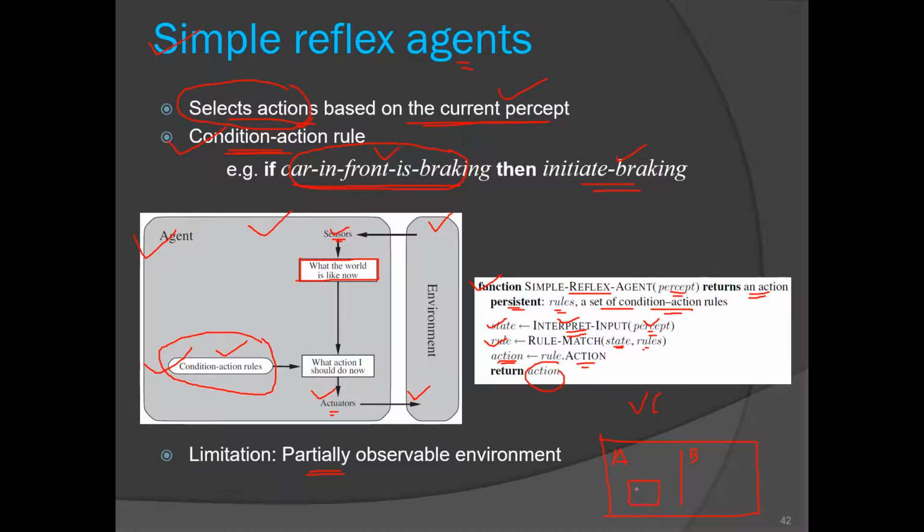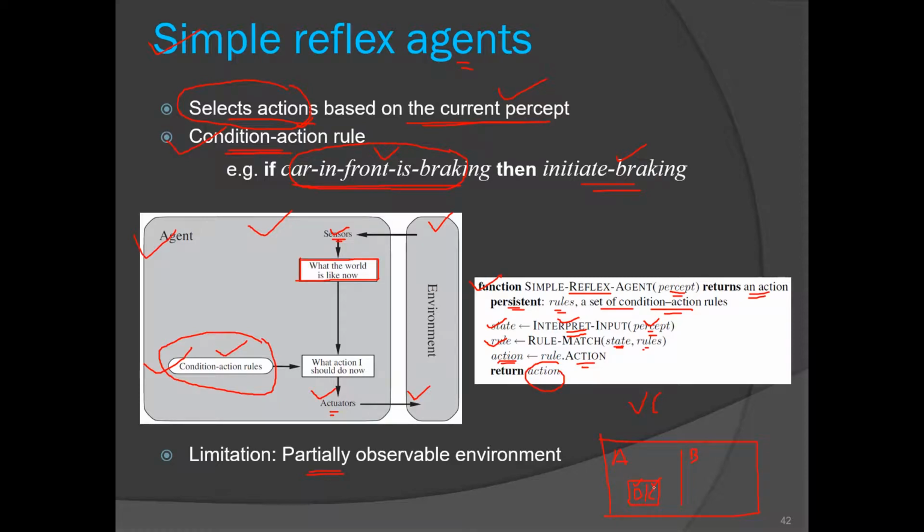So it could not get a location, but it may sense the floor. It may get a dirty input or a clean input. If it gets a dirty input, it may issue the command suck. If it gets clean, now it has to move.